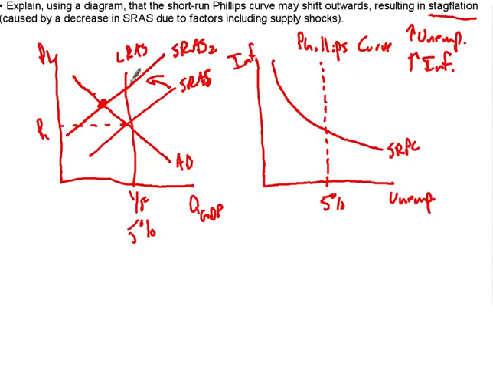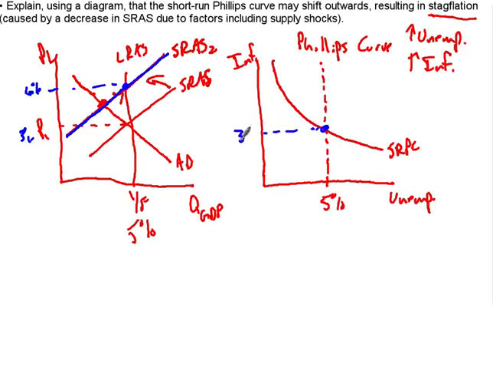And so now if we're bouncing aggregate demand back and forth along this one, now we're looking at this line. Now what's going to happen is when aggregate demand bumps back and forth, we're at a different reference point, because now at 5%, if this were 3% inflation, now we're up to 6% inflation. So let's say that was 3.